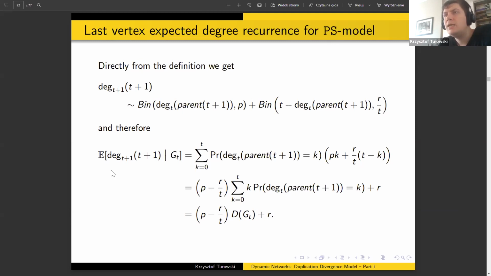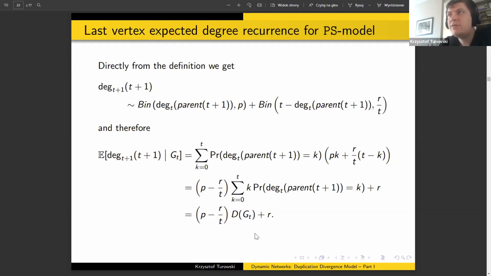Therefore, if we apply the expectation operator, we can find straight from the definition that we can reduce it to a linear function of the average degree. That is, we take all the vertices in the graph, sum their degrees, and divide by the number of current vertices in the graph, and we will denote it by D of G.